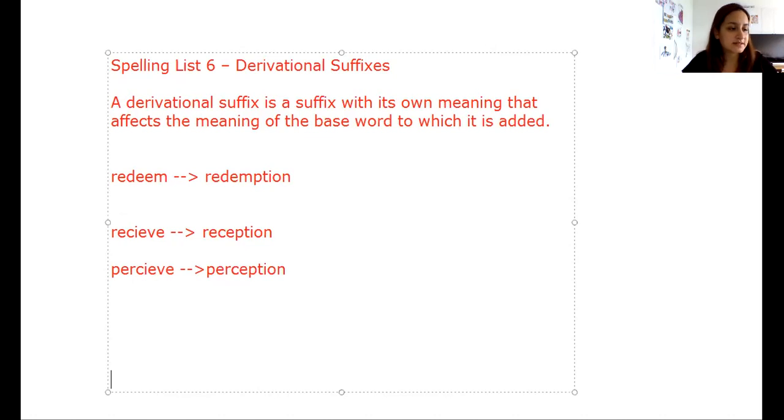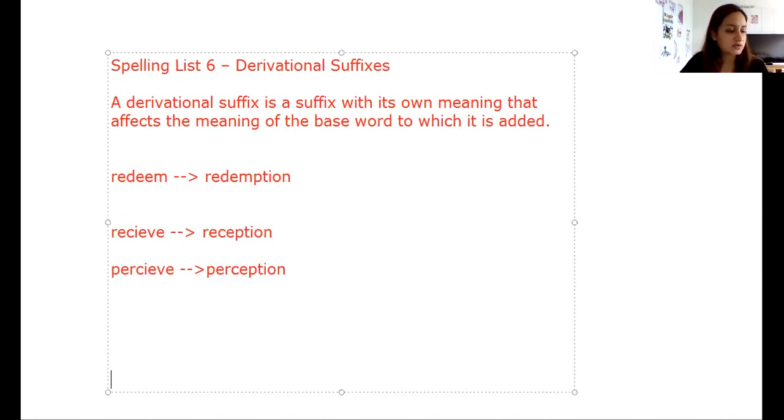Number 6. He went to the counter to redeem his price. Number 7.